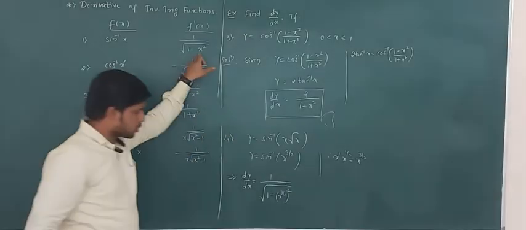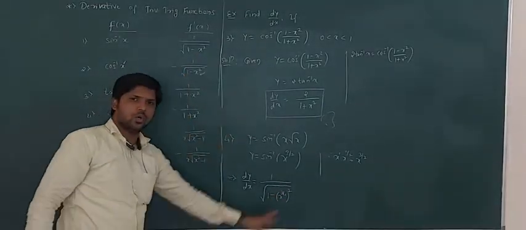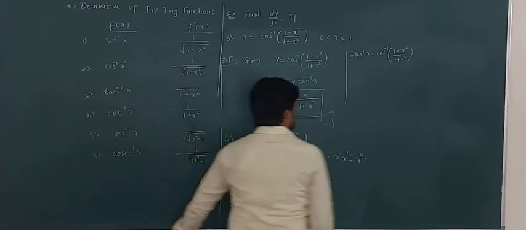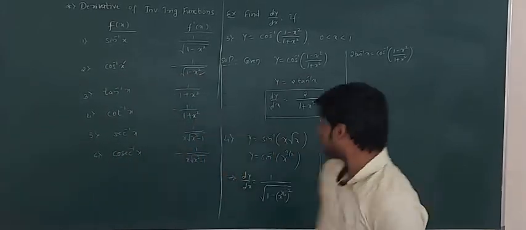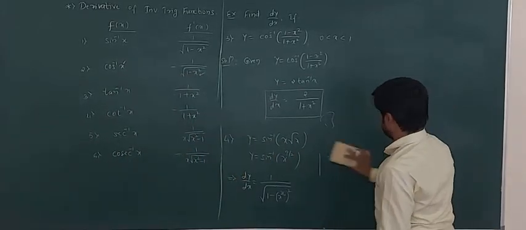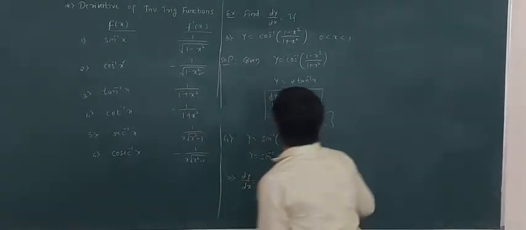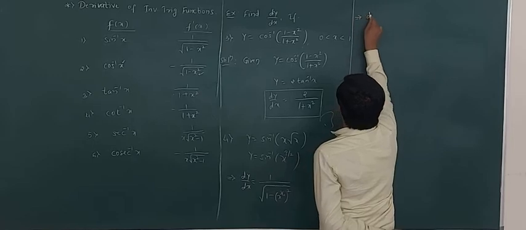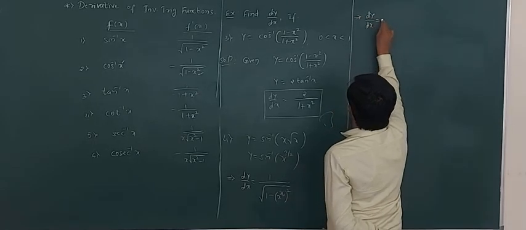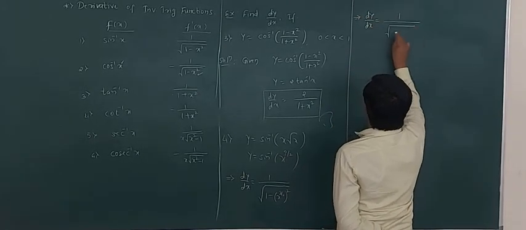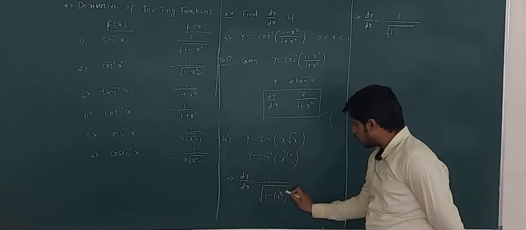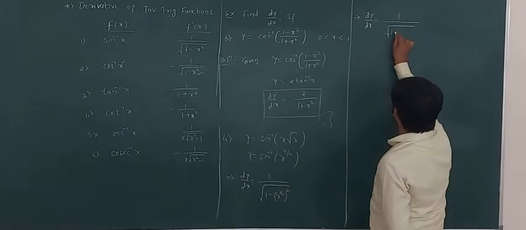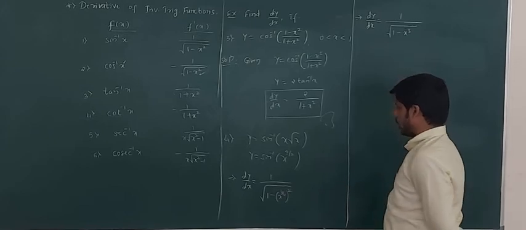Okay, substitute x as x to the power 3 by 2, square as it is. Now simplify this one. So this implies dy by dx is equal to 1 upon square root of 1 minus. Here 2 cancels, we get x cube. So 1 minus x cube.